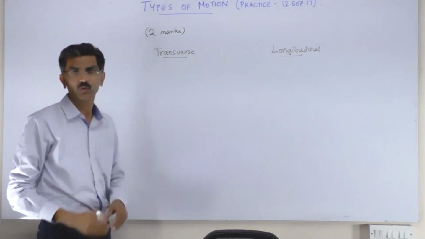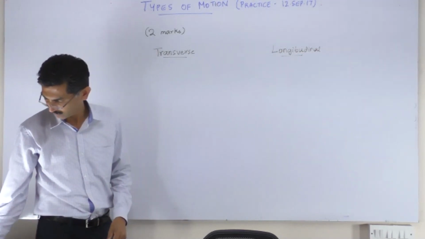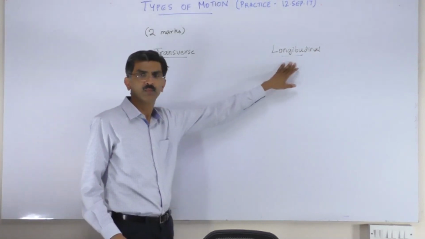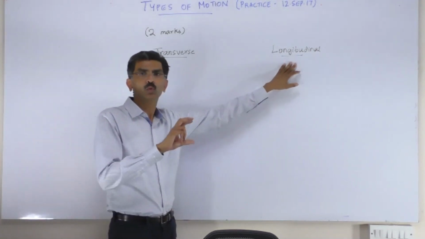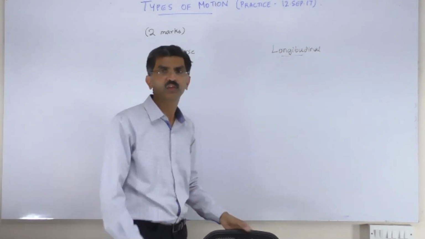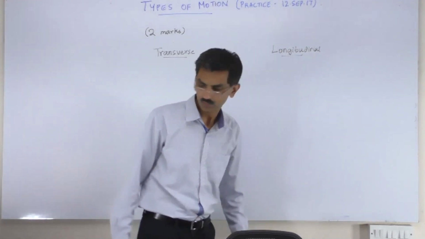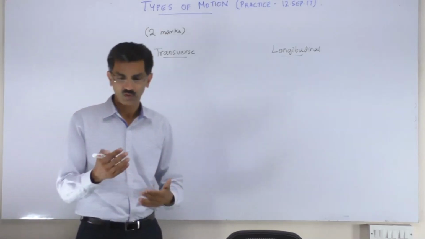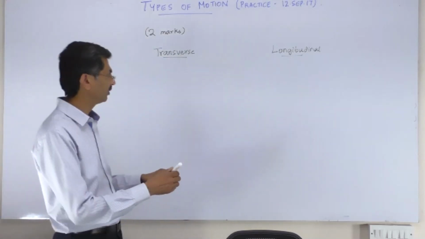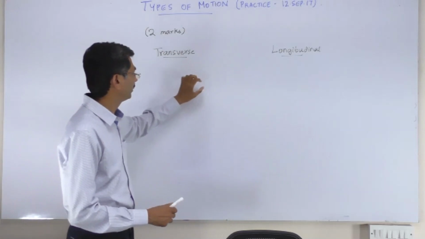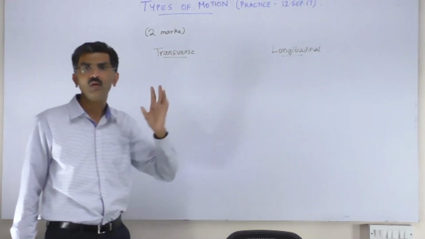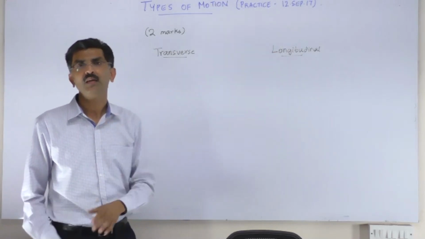Transverse and longitudinal. What are the differences? The first one is that transverse waves move through a series of troughs and crests, while longitudinal waves move through a series of compressions and rarefactions.